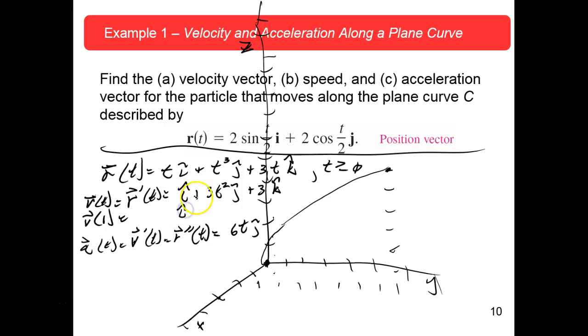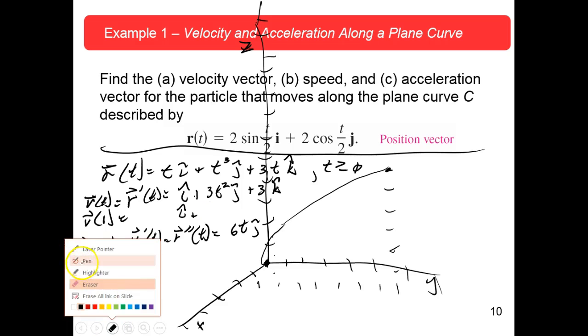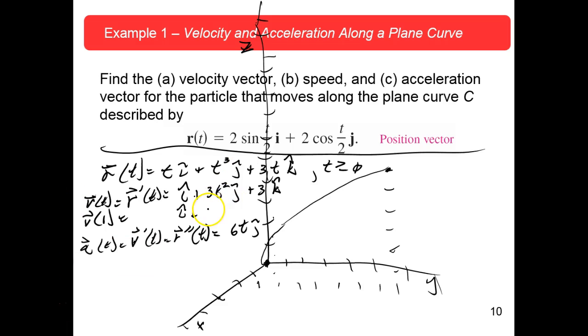It would be i plus, all right, now this, I don't need parentheses there. I thought it might help, but it doesn't. Plus 3j plus 3k. Okay. So your velocity vector at time t equal 1.